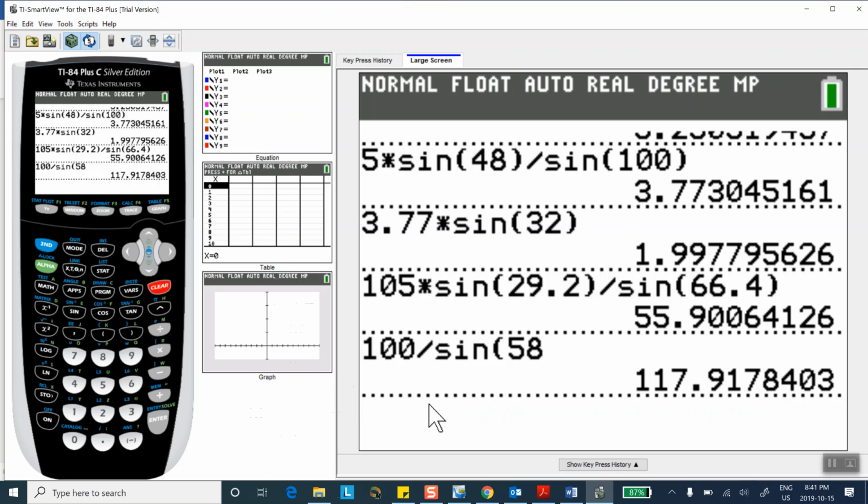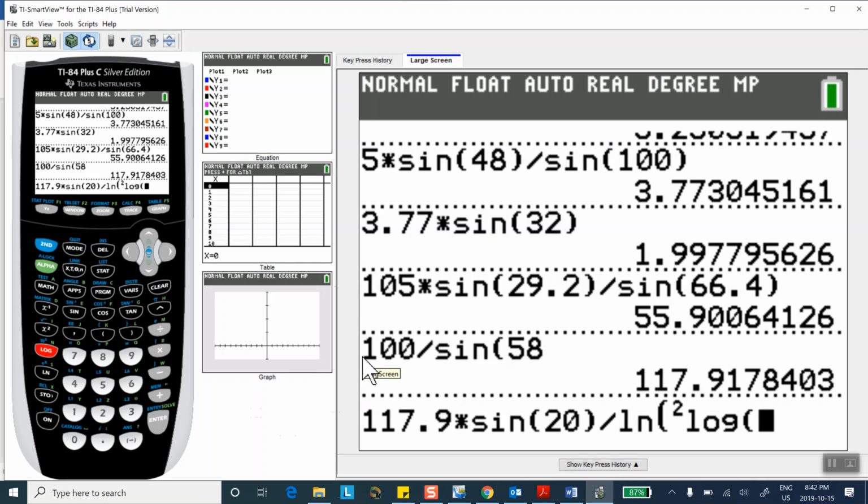Let's try it again. 117.9 times sine of 20 divided by sine of, oh my God. Oh yeah, I keep pressing the button on my keyboard. I have to use these things.